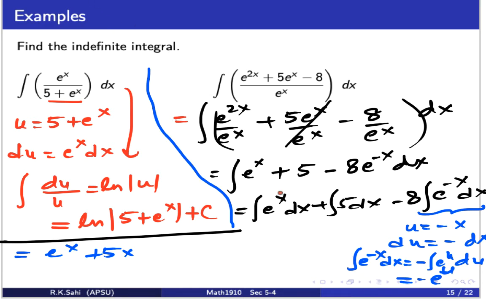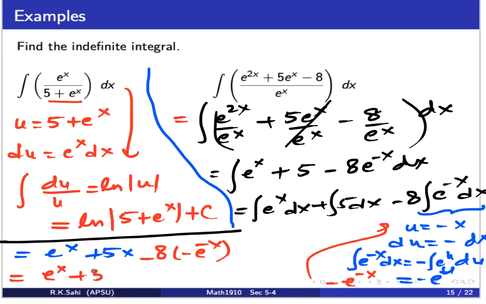Or, when you change back, it is minus e to the power minus x. So when you plug this back here, you get minus 8 times minus e to the power minus x. Final answer, e to the power x plus 5x plus 8 e to the power minus x plus c.